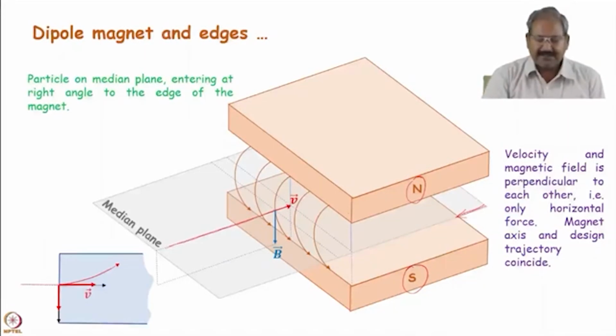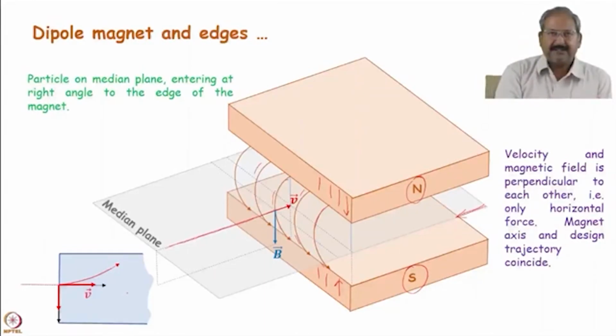Now these are the entry edges of the magnet. At the entry edges we have fringing in the magnetic field, meaning the magnetic field will not have perfectly straight field lines, but will be fringing like this, like this, like this.